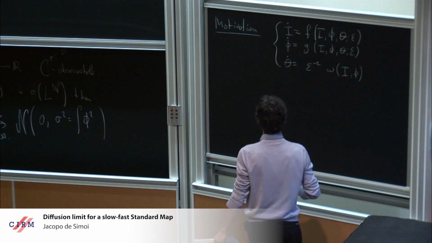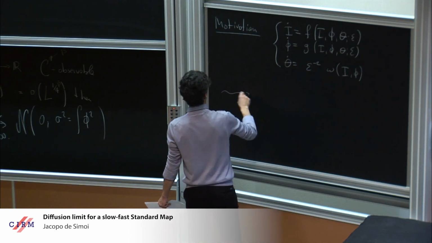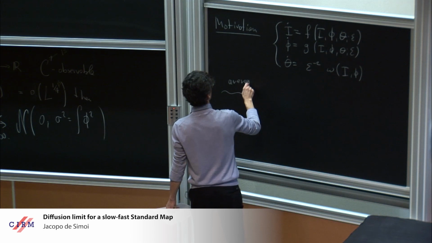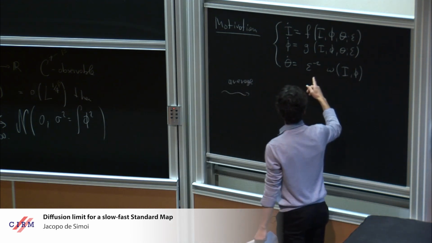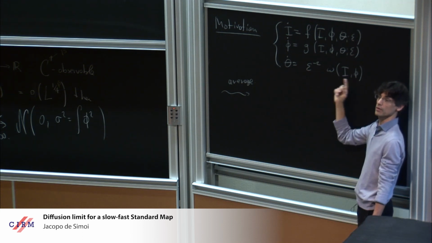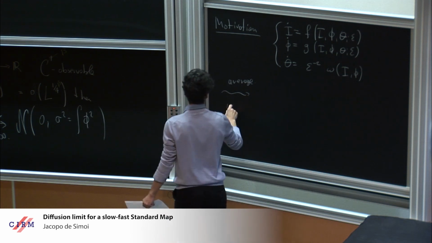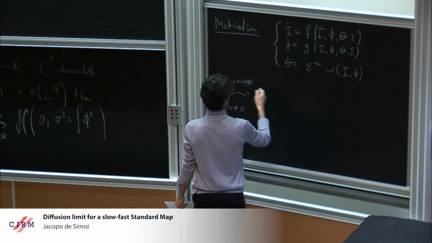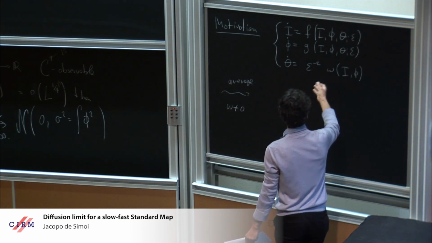And then, of course, one would like to average this system. And of course, you're only allowed to average when you actually have a rotation. So you're only allowed to average when omega is not 0. So if omega is not equal to 0, you're allowed to average. And what would averaging say? This is just a rotation.